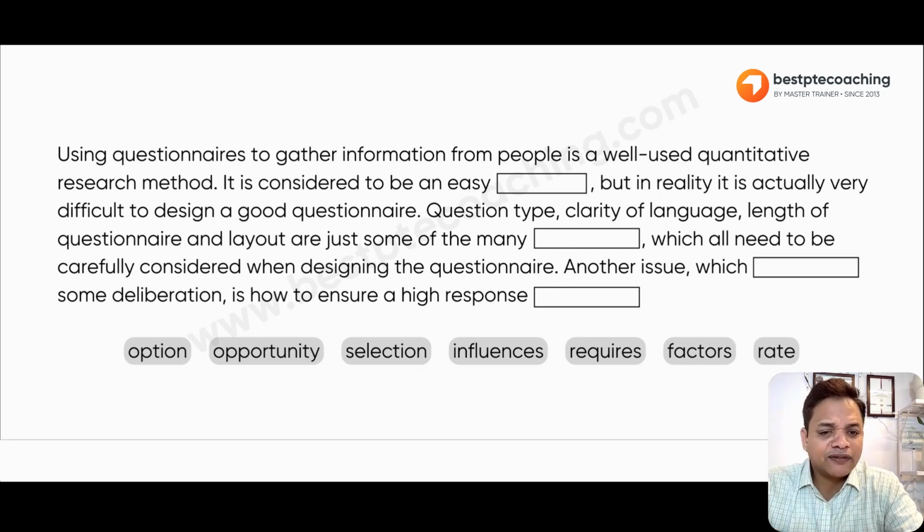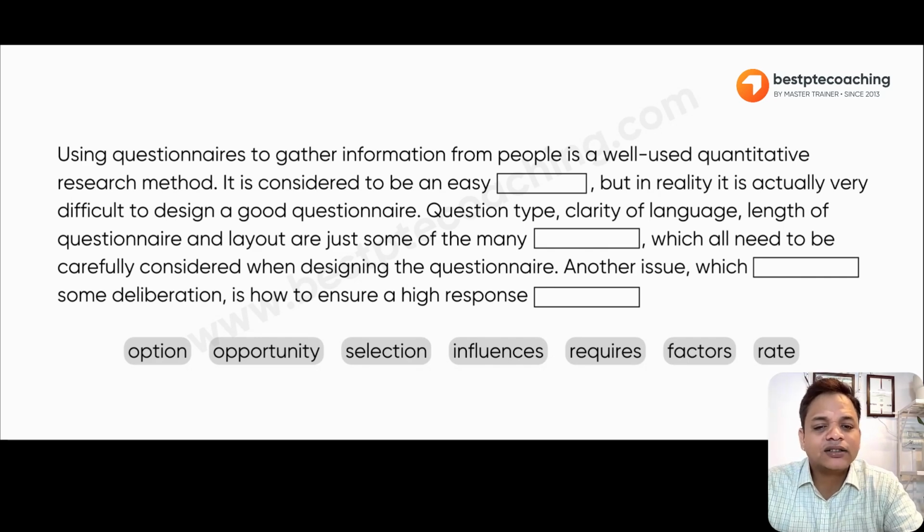Question type, clarity of language, length of questionnaire, and layout are just some of many blank, just some of many, which means we need plural, right? Factors and influences are both correct answers grammar wise. Many factors is the correct answer because these are all factors, yes or no, which all need to be carefully considered when designing the questionnaire.